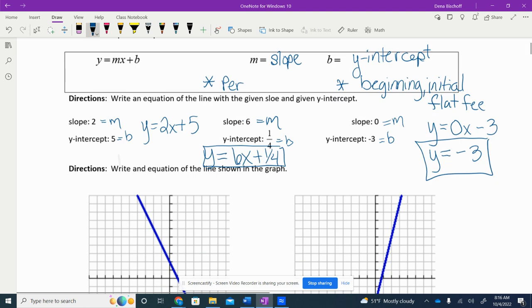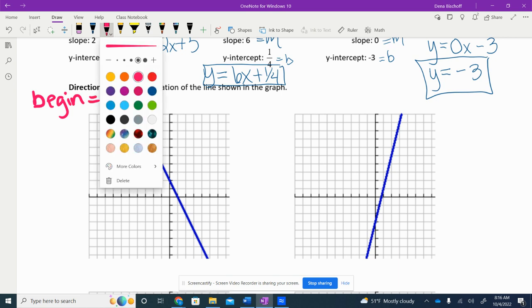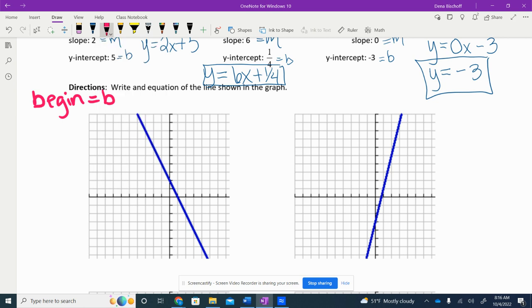Okay. So let's write an equation from the graph. So you should always begin with your b. That's where you want to begin. So what is the value of b? What's my y-intercept? 2. B equals 2. What is my slope?